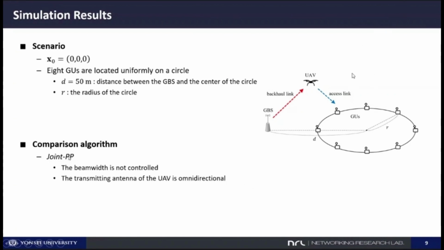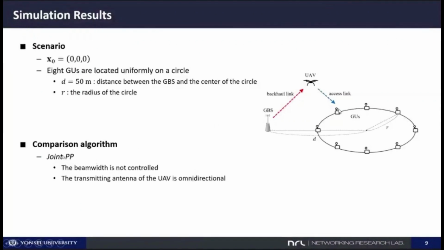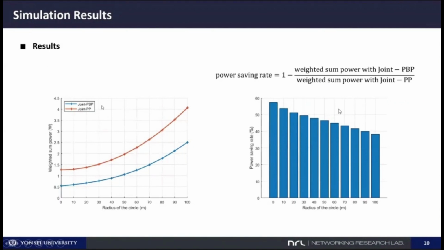So we compare the joint PBP and joint PP to compare the effect of the directional antenna. And the result shows that joint PBP algorithm requires much less consumed power compared to joint PP algorithm.